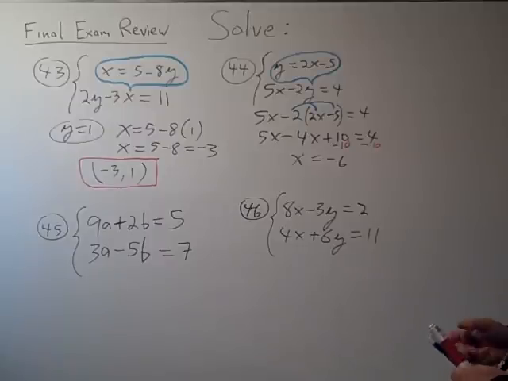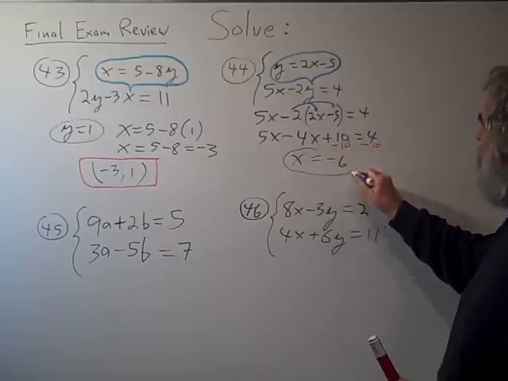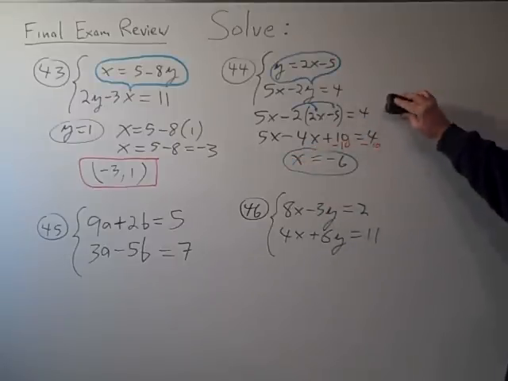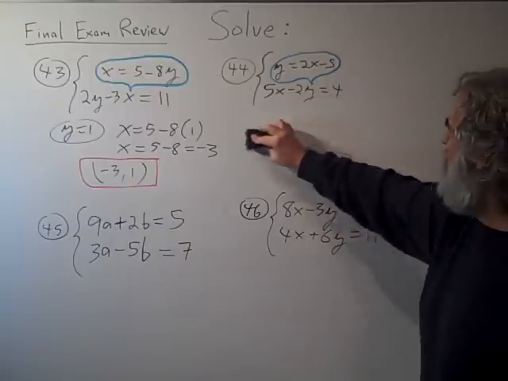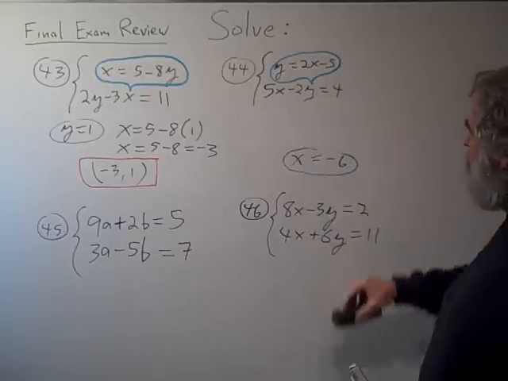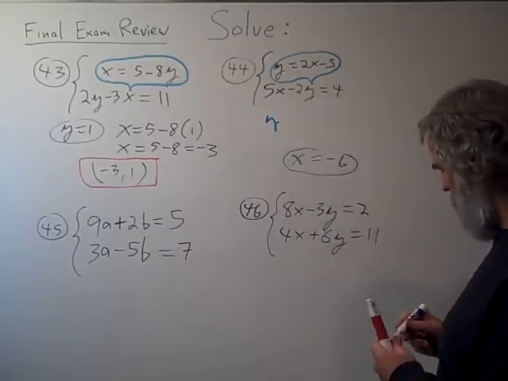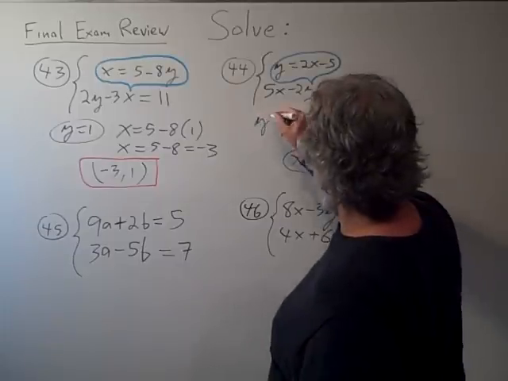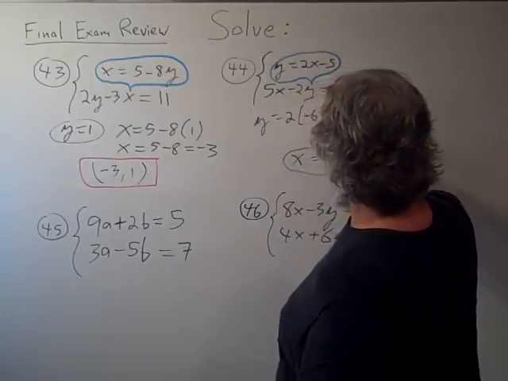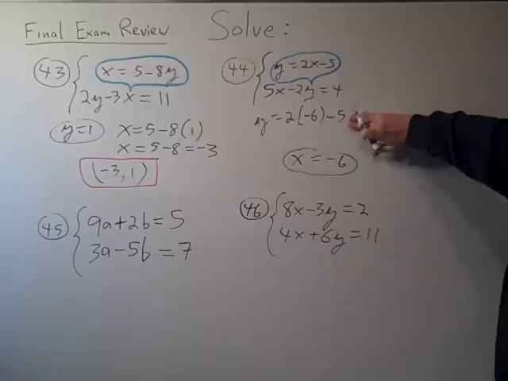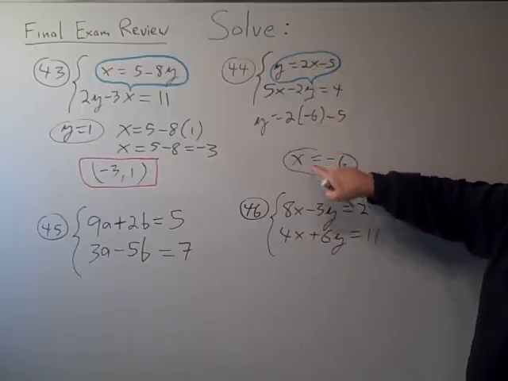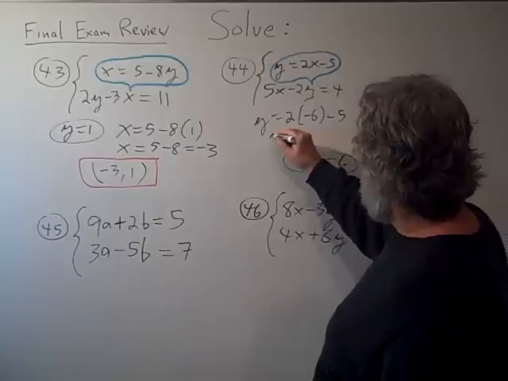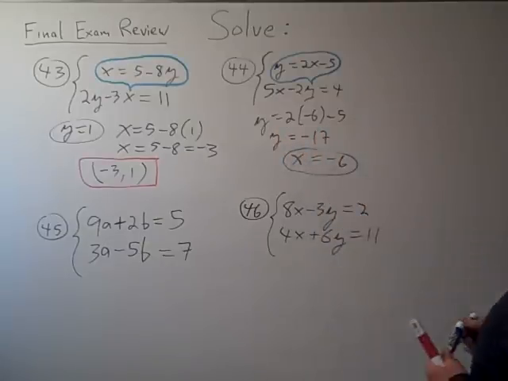So we found x here. Now we need to find y. But y is given by this equation, y equals 2x minus 5. So let's come back up here. Y is equal to 2x minus 5, but x is equal to negative 6. So it's y equals 2 times negative 6 minus 5, which is negative 12, negative 5, or y is equal to negative 17.